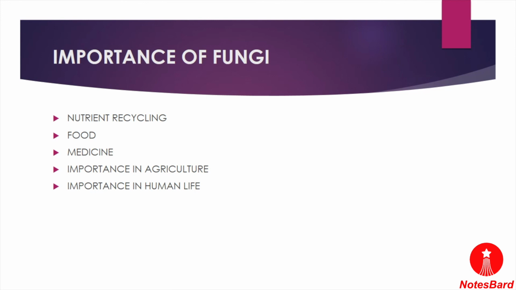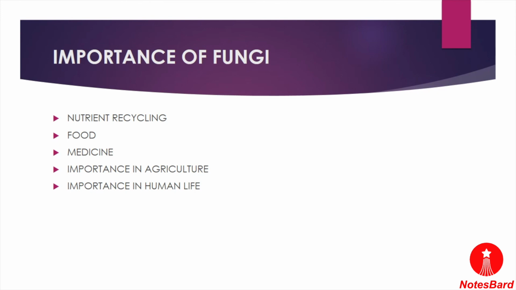They have both beneficial as well as harmful effects for humans and other organisms on the planet. They have economic importance in the food industry, the medicine industry, the agricultural industry, and other industries in human life.